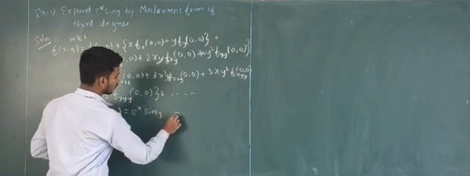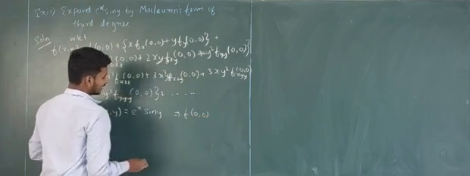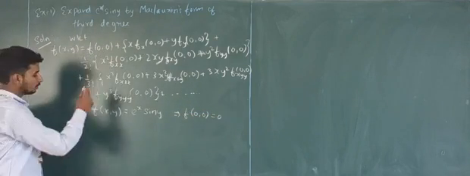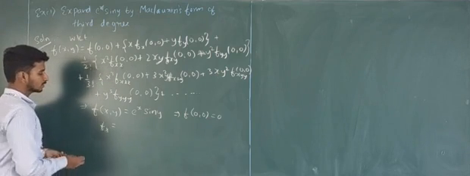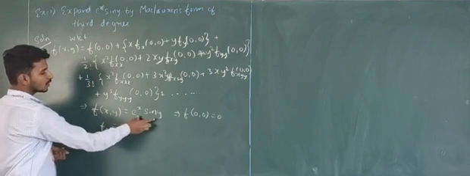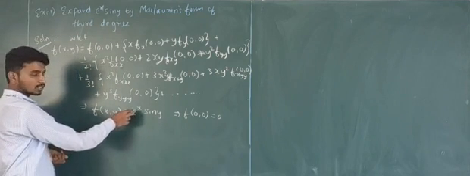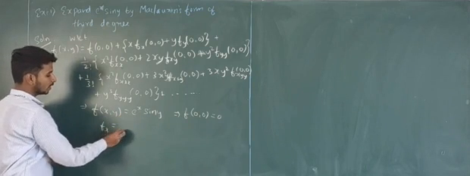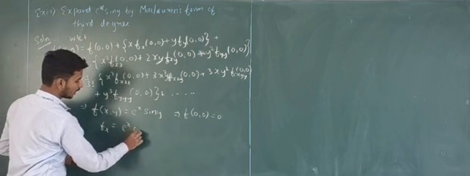So fx of 0 comma 0 is the function with respect to x. If we differentiate with respect to x, the differentiation of e raised to x will be again e raised to x, and sin y will be constant, so we can write it as it is.